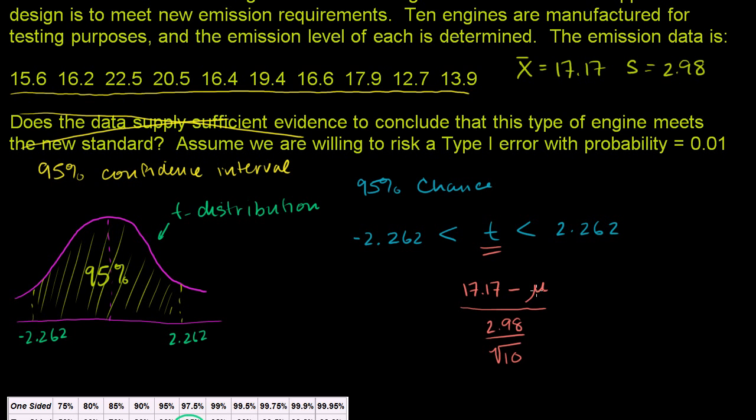This right here is the t statistic. So by taking this sample, you can say that we've randomly sampled a t statistic from this 9 degree of freedom t distribution. So there's a 95% chance that this thing right over here is going to be less than 2.262 and greater than negative 2.262. So the 95% probability still applies to this right here.